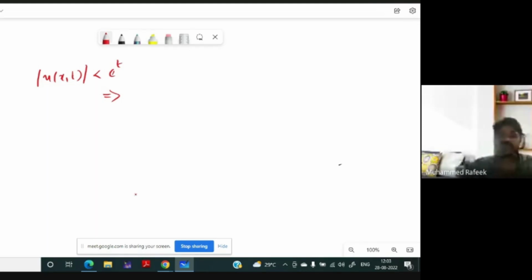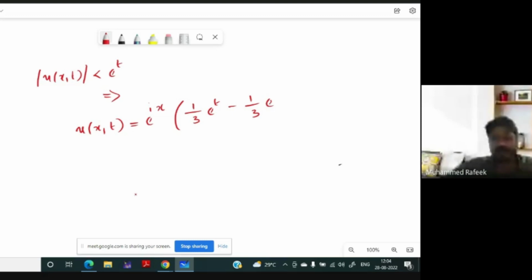And moreover, our function is like this only: u(x, t) is equal to e raised to ix into (1/3 e raised to t minus 1/3 e raised to minus 2t). e raised to ix can be written as cos theta plus i sin theta.